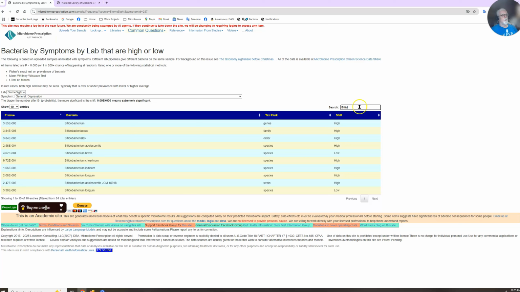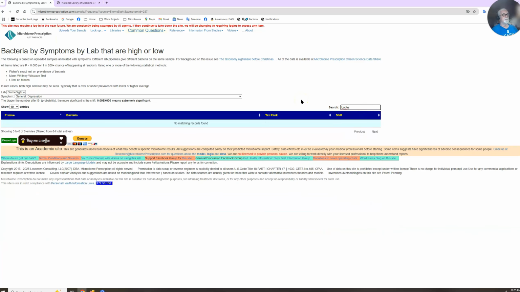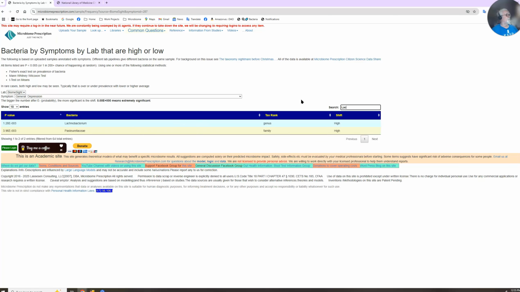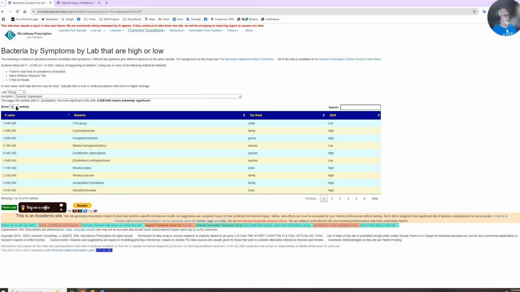Now we can also go over and take a look at Lactobacillus. And we don't find Lactobacillus having any association to depression according to this particular one. And this is Biomesight. Let's go over and take a look at Thrive. And let's try the same thing.